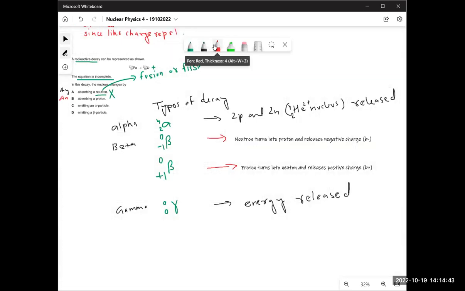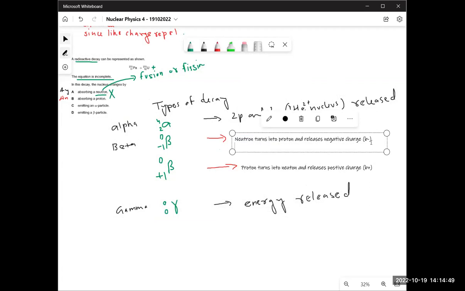Now, what else do you need to know here? One more thing you need to know in both of these is that the nucleon number is constant.